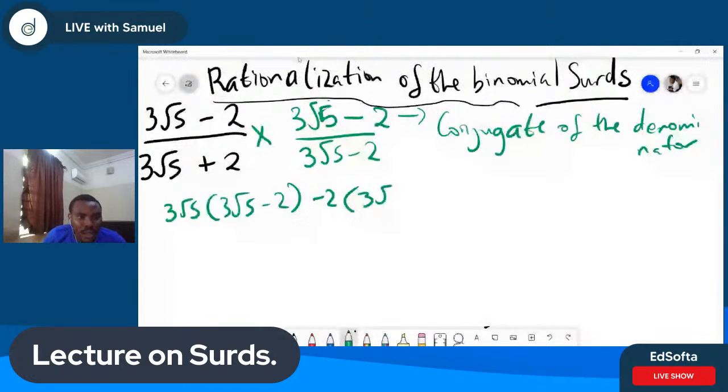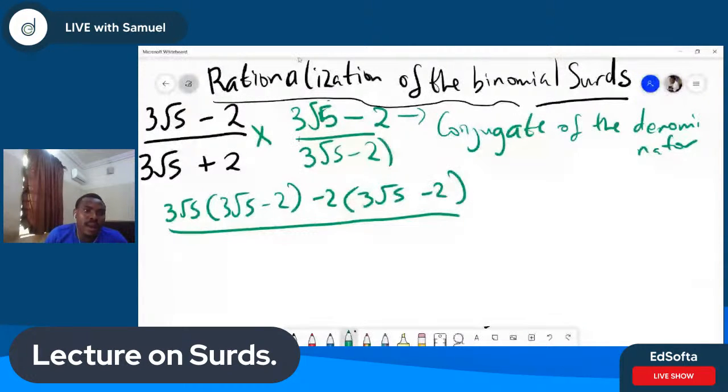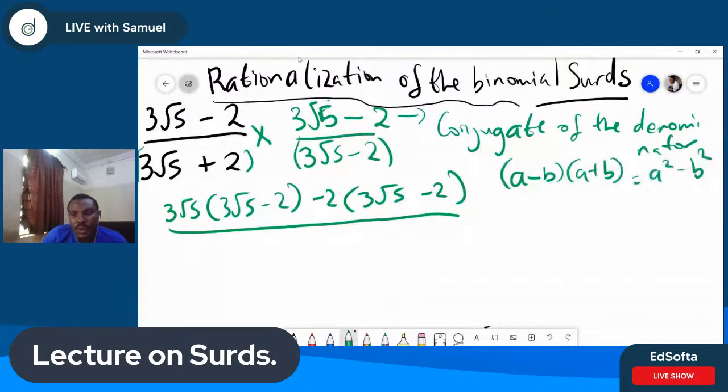Now, for the denominator, there's an easier way to do it. From our elementary maths, we know that a minus b into bracket a plus b is the same thing as a squared minus b squared, and that's the same situation that we have here.